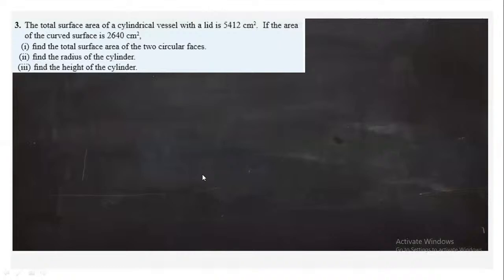Find the total surface area of a cylindrical vessel with a lid, 5,412 square centimeter, if the area of the curved surface is 2,640 square centimeter. Find the total surface area of the two circular faces.